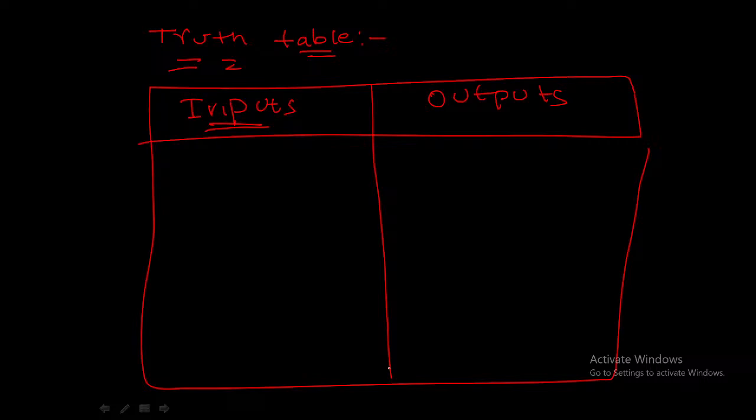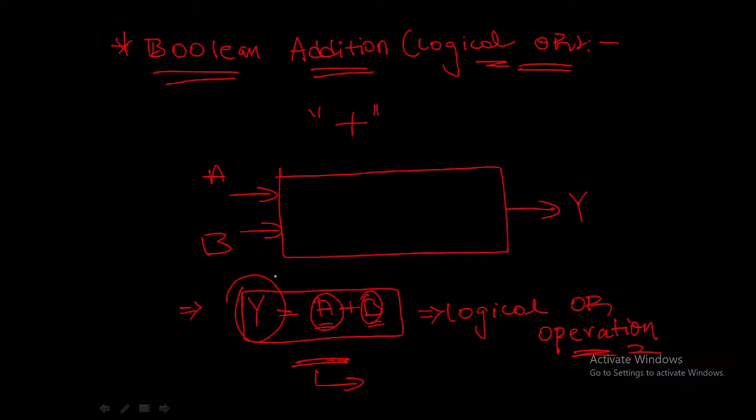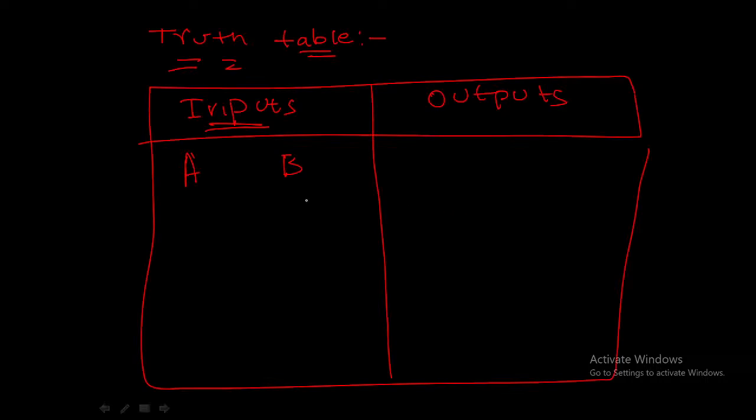What are the inputs for our design? The inputs are A comma B, and the output is Y, which is nothing but A plus B. What are all the combinations of A and B?